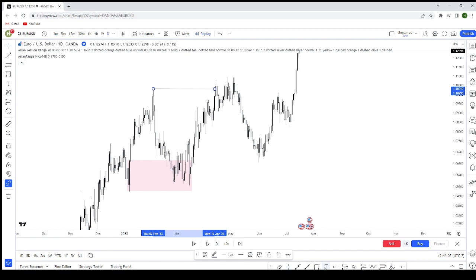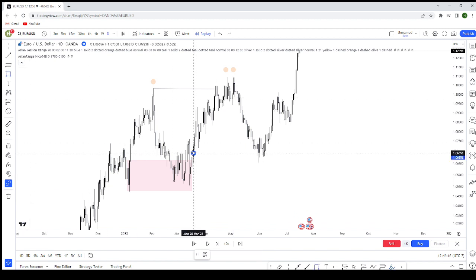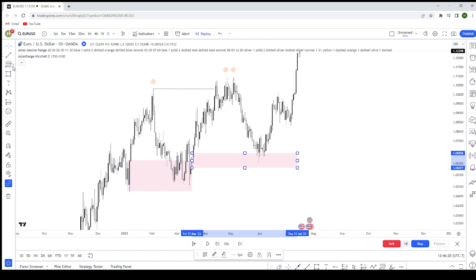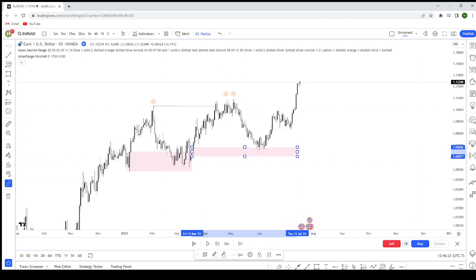Once it printed these new highs, we had another pullback into this imbalance down here that then went and printed a new high.